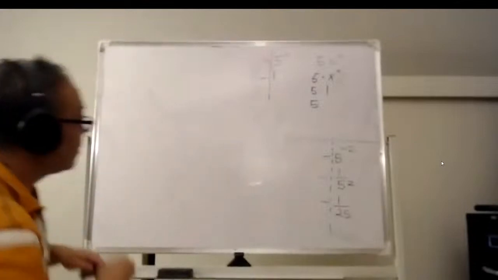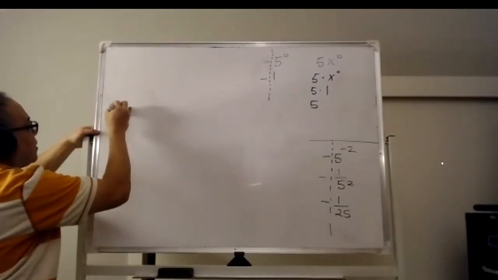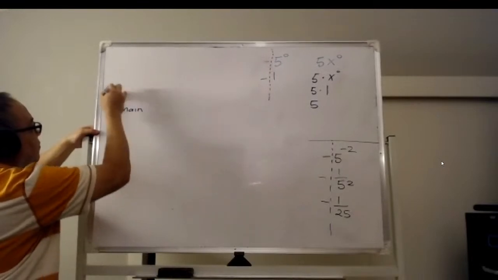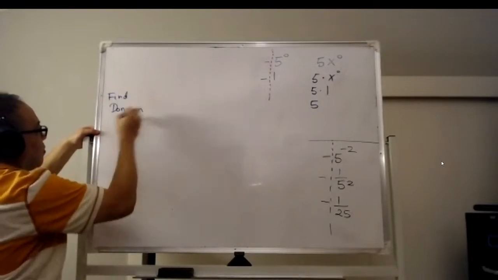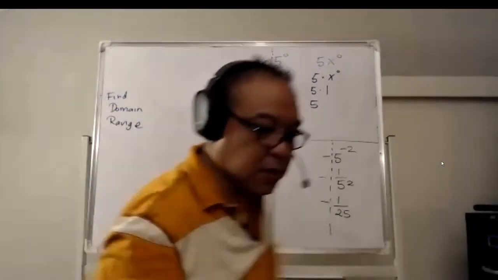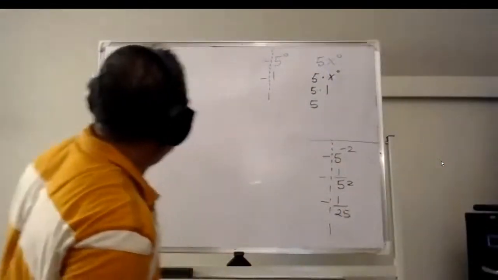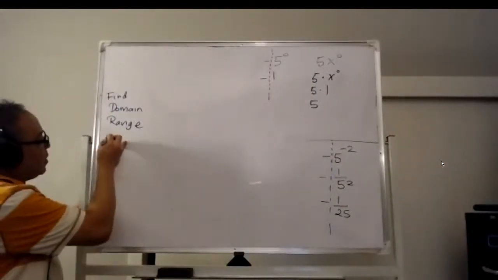All right. So there's basically going to be two kinds of problems. There's going to be the one that looks like this. And let me make sure that you can see me. Yeah. Okay. So domain and range, and then it'll give you points.